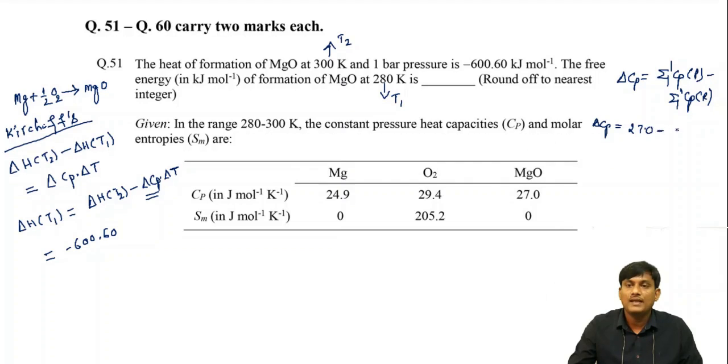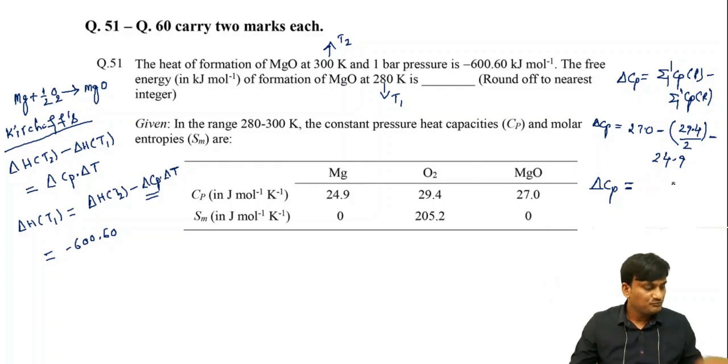27.0 minus, here for O2, 29.4 divided by 2, minus 24.9. Okay, after calculation you will get delta Cp is equal to minus 17.6 joule mole inverse Kelvin inverse.